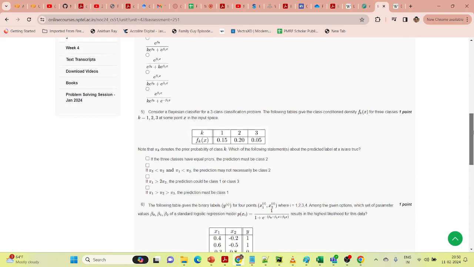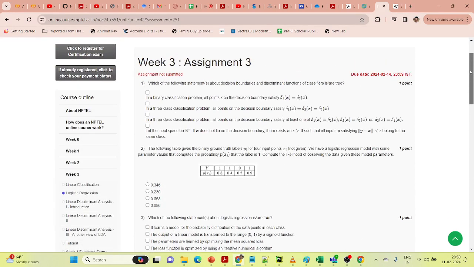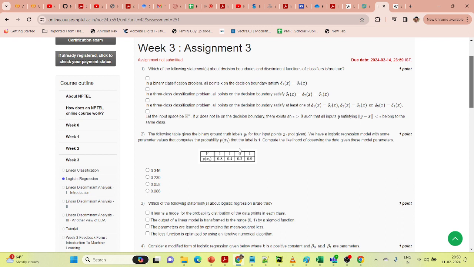Now another one. Yes, so this is the truth table given.